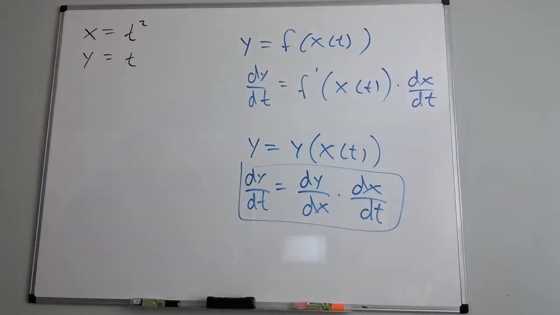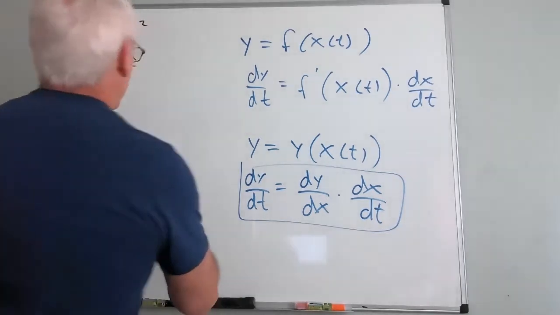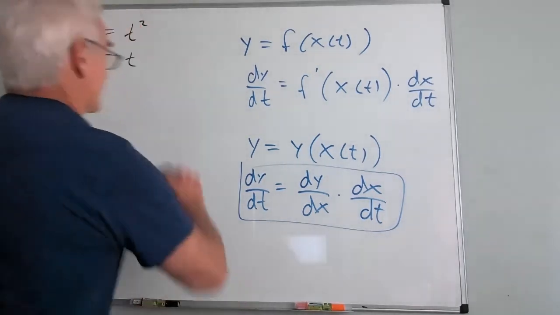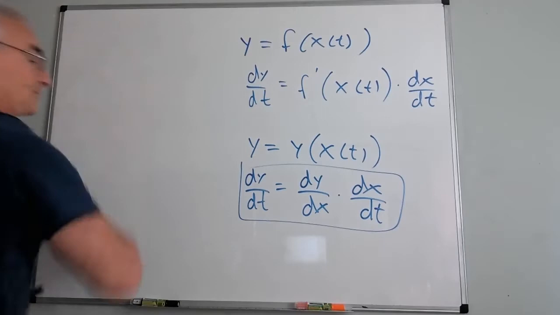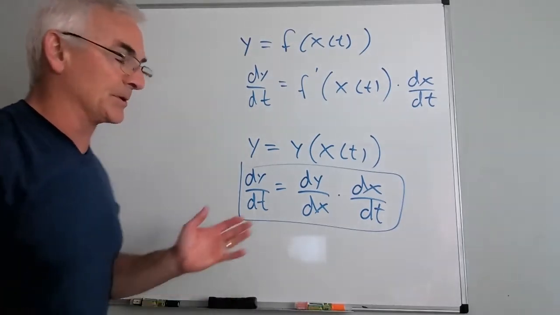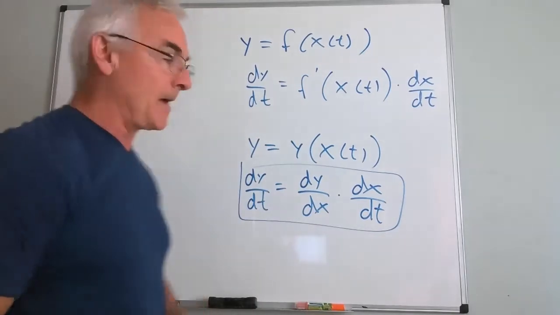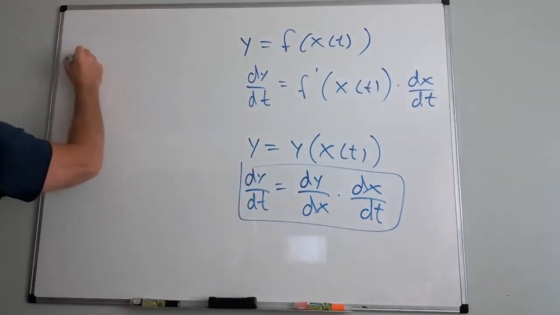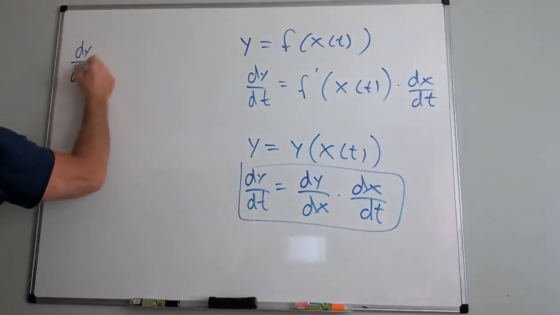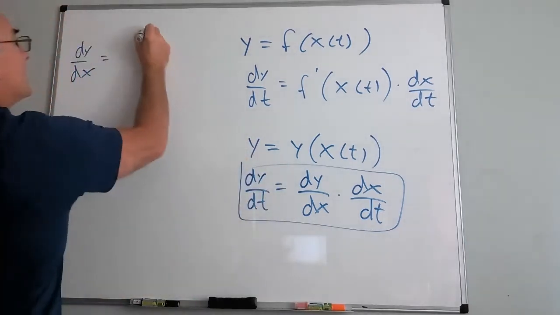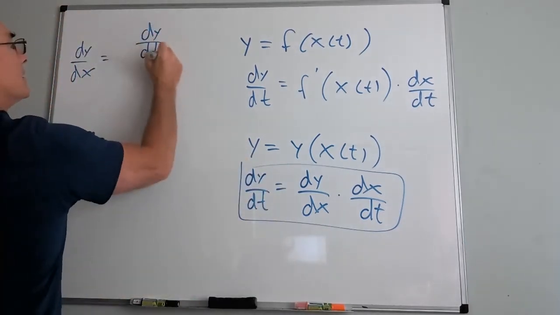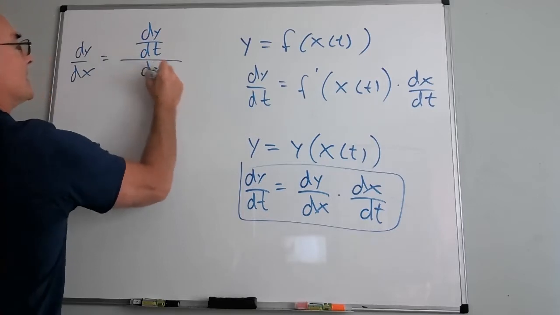But you say, how does this help me today? Because if I have a parameterized function, if x and y are both written as a parameter, and I'm in the xy plane, I still want dy dx. But that simply means that dy dx, if I solve, is dy dt over dx dt.